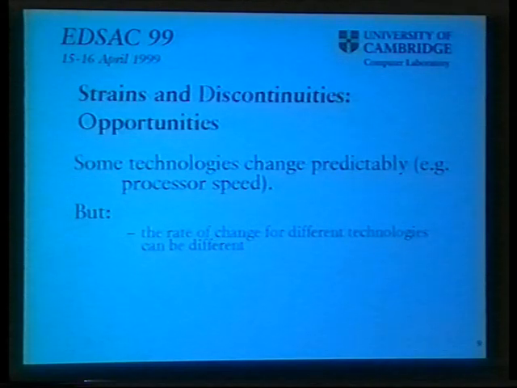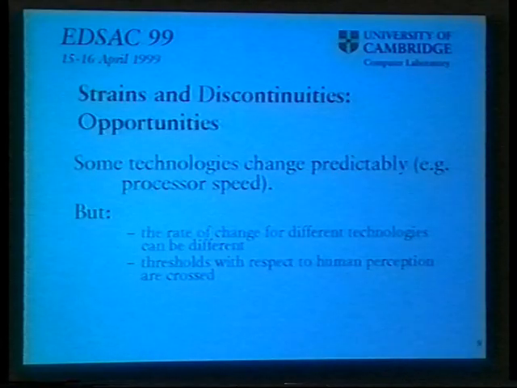But the rates of change of different technologies are often different. We've seen processor speeds growing faster and faster, and memory speeds not for quite a long time. So you have this strain between those characteristics, which says the architectures you may have used before are no longer the right thing to do. Another thing that's very interesting, especially in the past 10 years, is that thresholds with respect to human perception have been crossed.